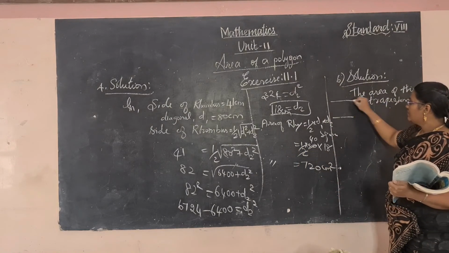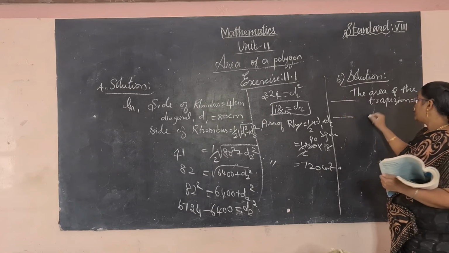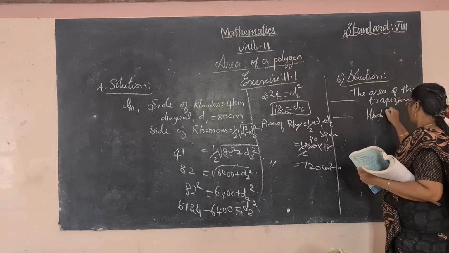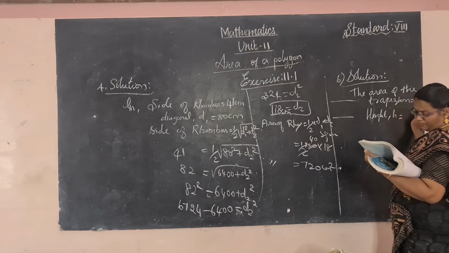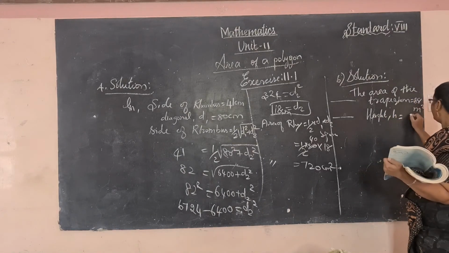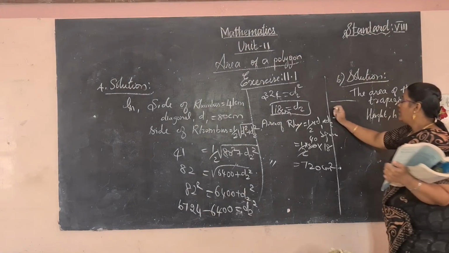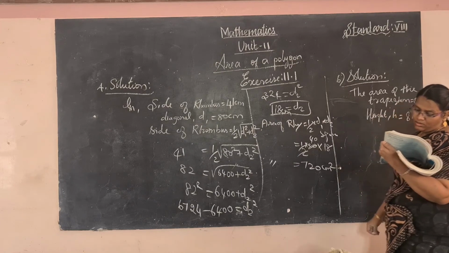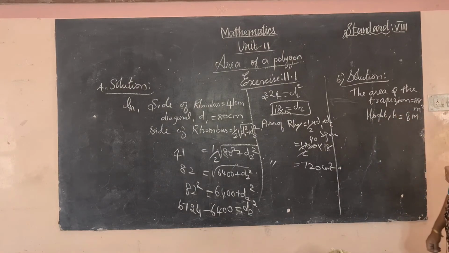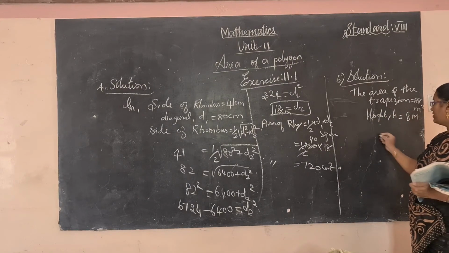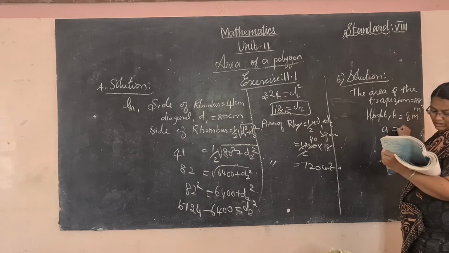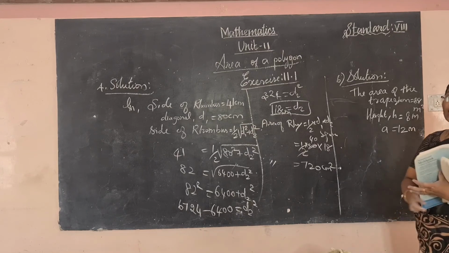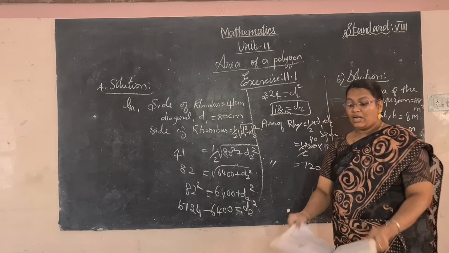Okay, distance between the two parallel lines, so height h is equal to 8 meter. And then one of the parallel sides is given. So A is equal to 12 meter. Find the other side.